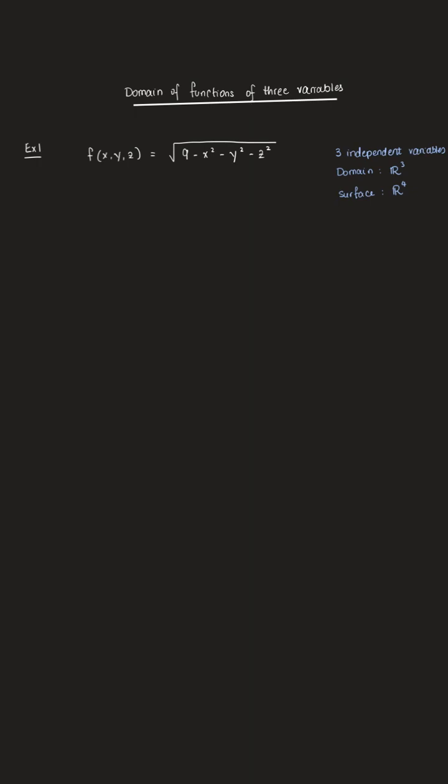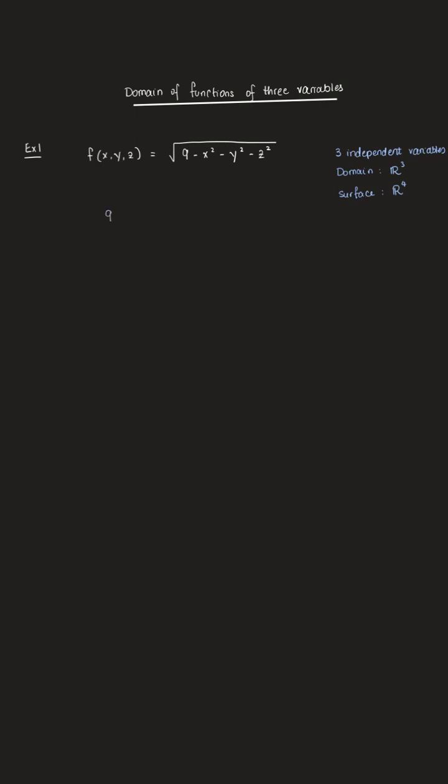So to find the domain, we're going to do what we've done with any function of one variable. We have to make sure, in this case, for this example, that the expression that's underneath the square root is greater than or equal to 0, because we cannot take the square root of a negative number; we are dealing only in this course with real numbers.